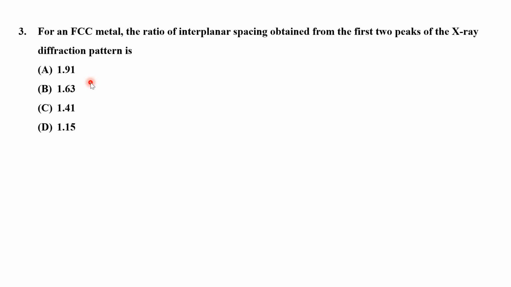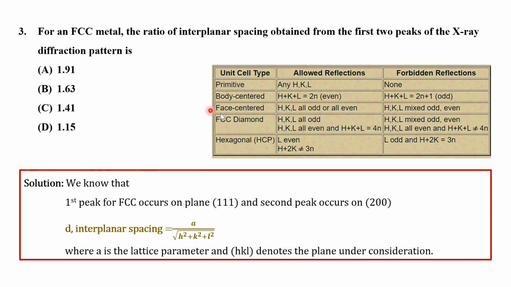FCC diamond means in the table, diamond cubic structure. Yeah. If you have seen the structure of a normal diamond cubic, we can see that it will be two FCC unit cells that are mixed with each other, plus it will have four atoms inside.